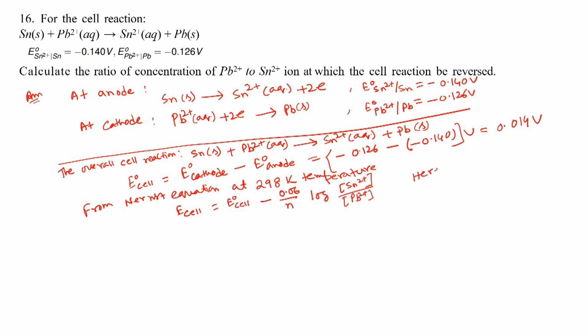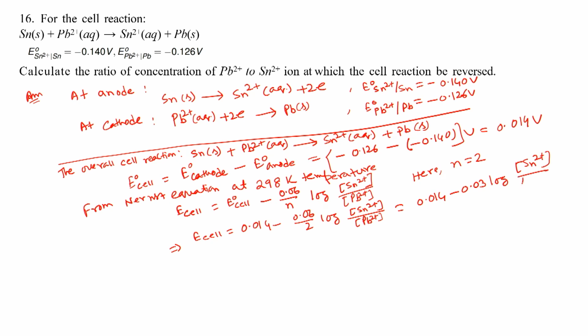And here n is 2, the number of electrons involved is 2. So we get E cell is, the value of E naught cell is 0.014, minus 0.06 by 2 log concentration of Sn2 plus by concentration of Pb2 plus. So we get 0.014 minus 0.03 log concentration of Sn2 plus by concentration of Pb2 plus.